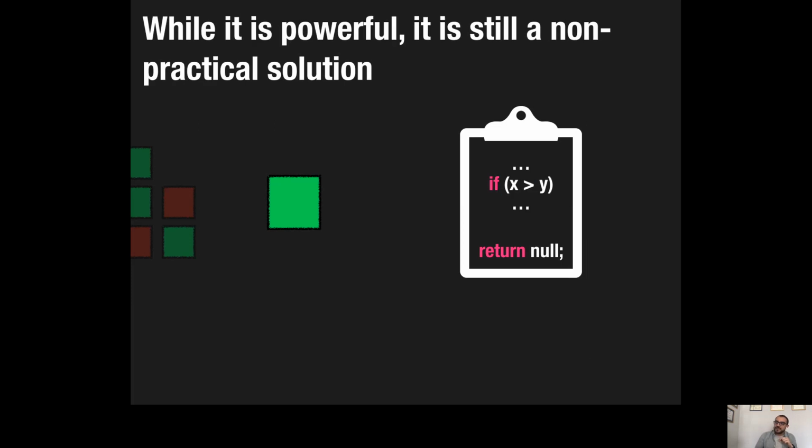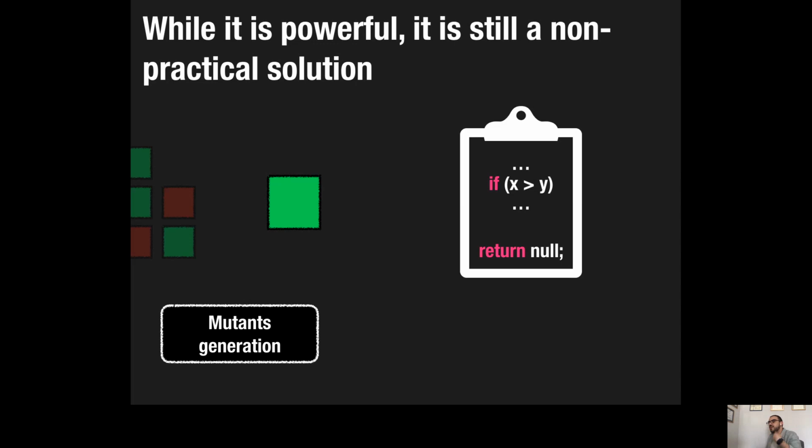It's clear, but it is also true that mutation testing, mutation coverage is still a non-practical solution. Why? Simply because mutation testing suffers from scalability issues. If you reason about that, applying mutation testing in practice means that you have to generate mutants.